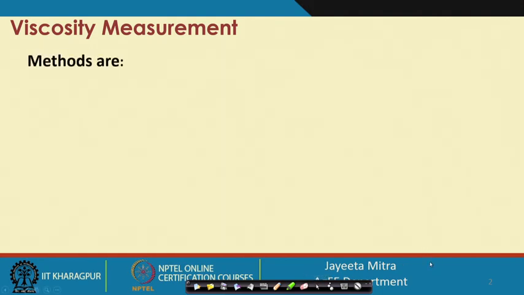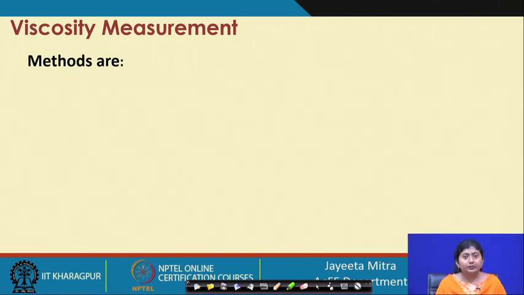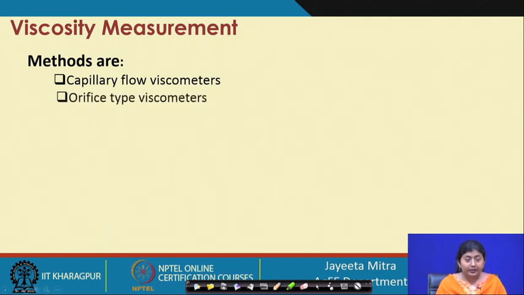So, first we will see what are the different methods by which we can measure the rheological property, that is viscosity. There are different methods. One is the capillary flow viscometer. It is a very simple method. We will discuss the principle behind the measurement of viscosity by capillary flow viscometer. Next one is the orifice type viscometer.